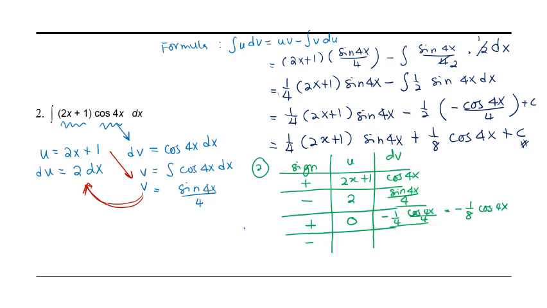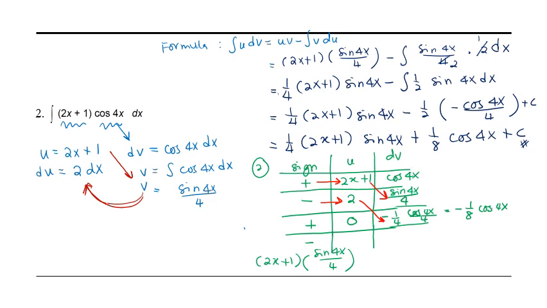Alright, so how to read it? Start from the plus sign. Okay, multiply this one with this, and multiply it with the one below. Okay, next add, multiply this. Right, so the answer is 2x plus 1, multiplied by sin 4x over 4.